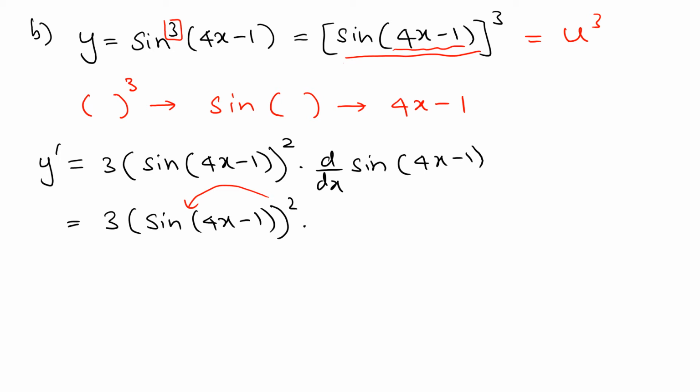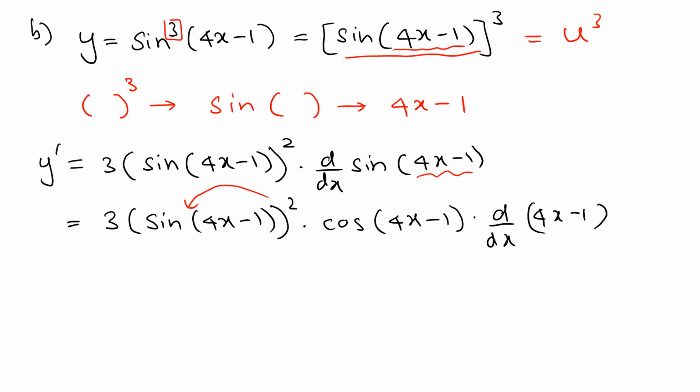If you look at this one, the next inside function is a sine function. That means the derivative is cosine of whatever the function is, and then multiply by the derivative of the next inside function, which is 4x minus 1. Every time you multiply by the derivative of the next inside function in the chain. The chain has cube, sine, 4x minus 1.